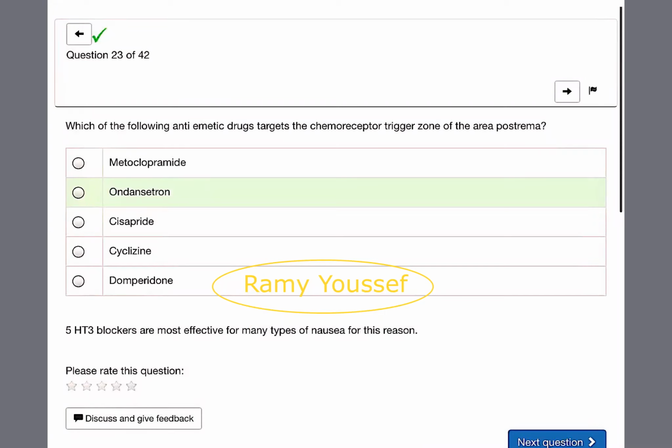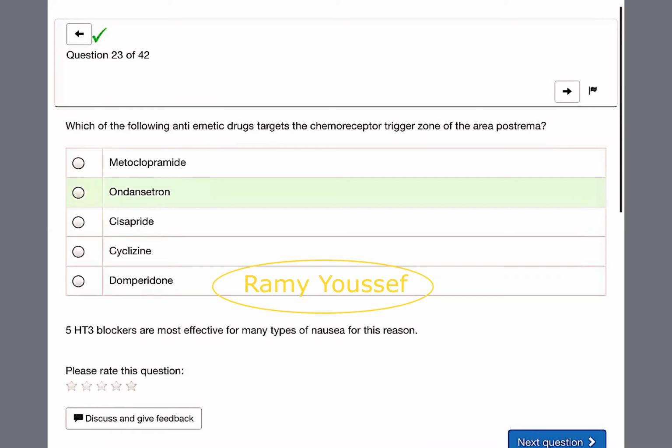We said we have three main antiemetics we will face in our exam or question solving. One of them, they will ask which antiemetic is good for central relief of nausea and vomiting.